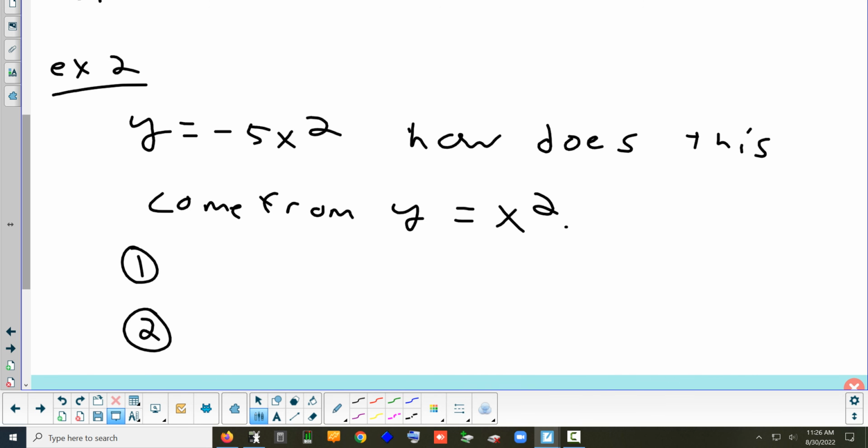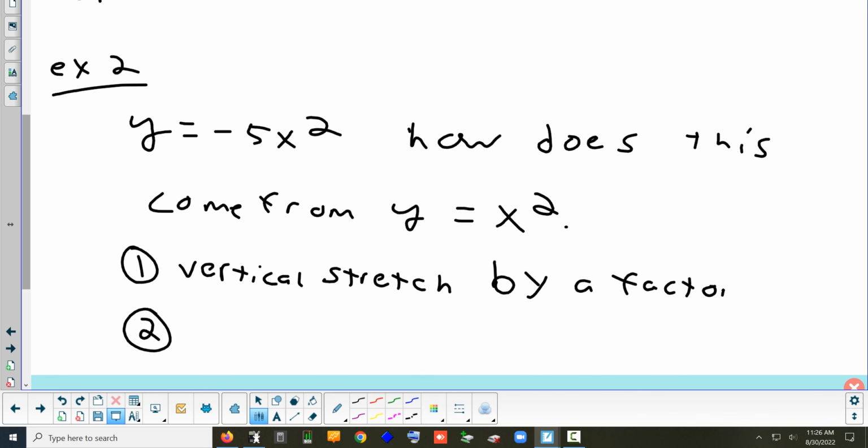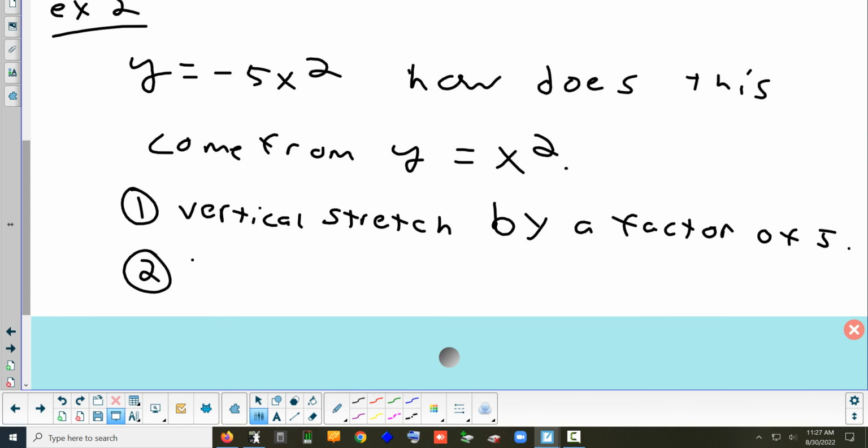Shifting is with adding and subtracting. Stretching is always with multiplying. Since it's greater than 1, you go to stretch vertically. So vertical stretch. And now we have to say by how much? By a factor of 5. Yep, that's a vertical stretch by a factor of 5. And what's that negative going to do? That's going to reflect over the x-axis.